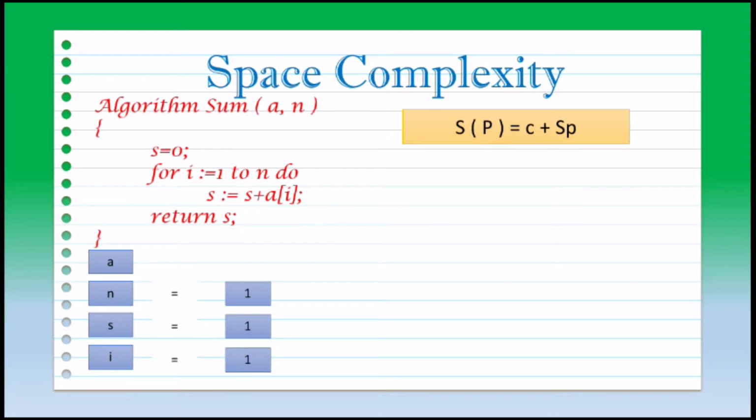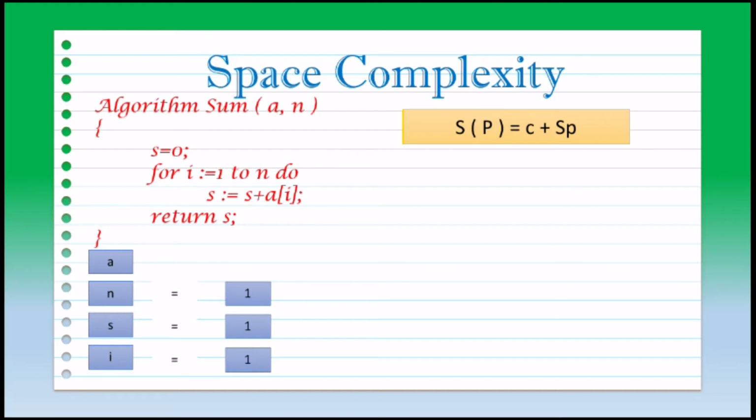If n is 10, then A requires 10 slots in memory starting from A[1] to A[10]. If n is 100, then A requires 100 slots in memory starting from A[1] to A[100]. So the size of A depends on the value of n.